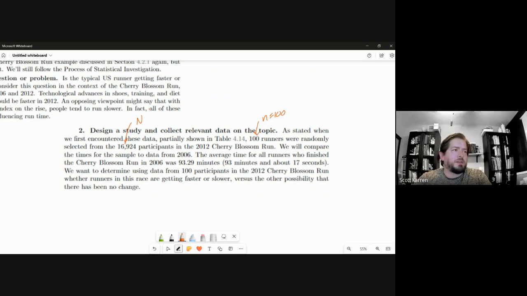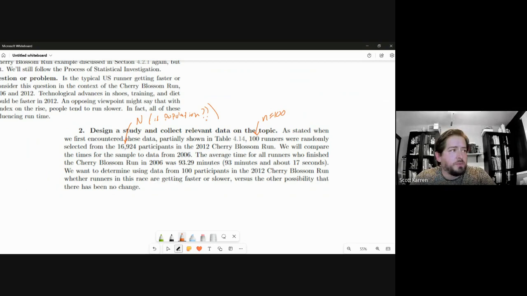That would be capital N if that's our population, if we're only interested in those people that ran the Cherry Blossom Run. If we're talking about runners in general, then that's not N. That's just a number that doesn't matter.